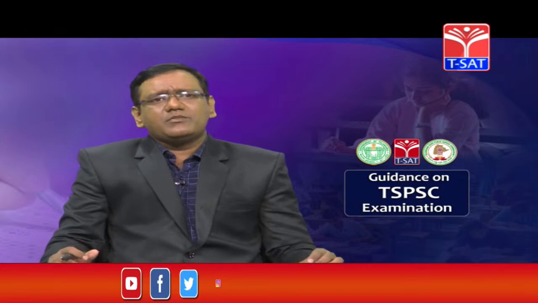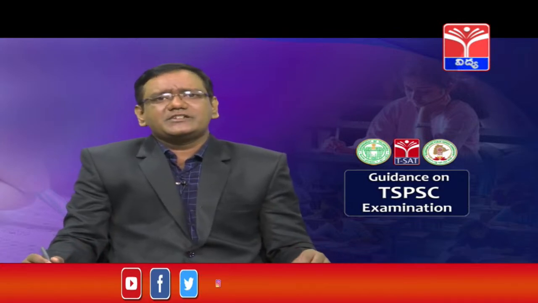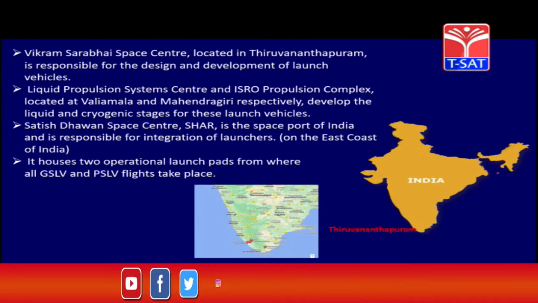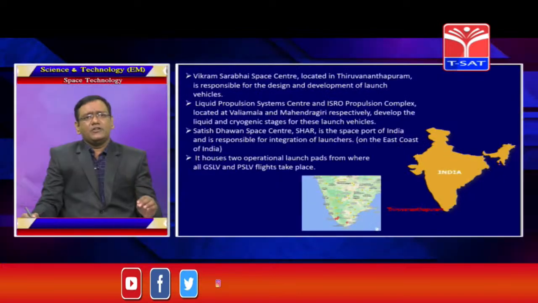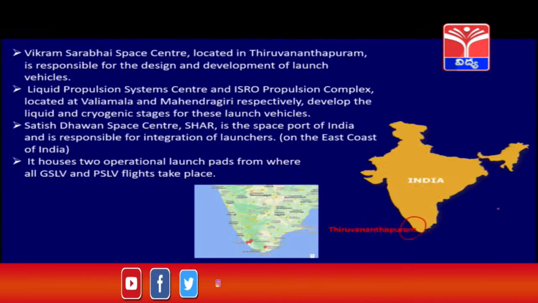Vikram Sarabhai Space Center, located in Thiruvananthapuram, is responsible for the design and development of launch vehicles. So the PSLV and GSLV are designed in Vikram Sarabhai Space Center, Thiruvananthapuram. You can see the place here. The Liquid Propulsion System Center and ISRO Propulsion Complex are located at Valiamala and Mahendragiri respectively.